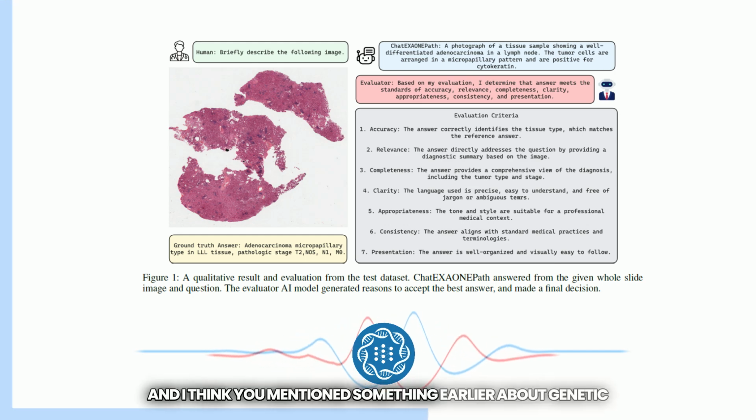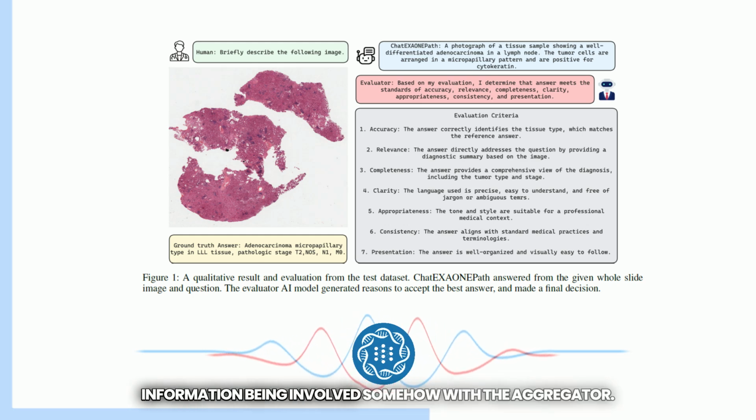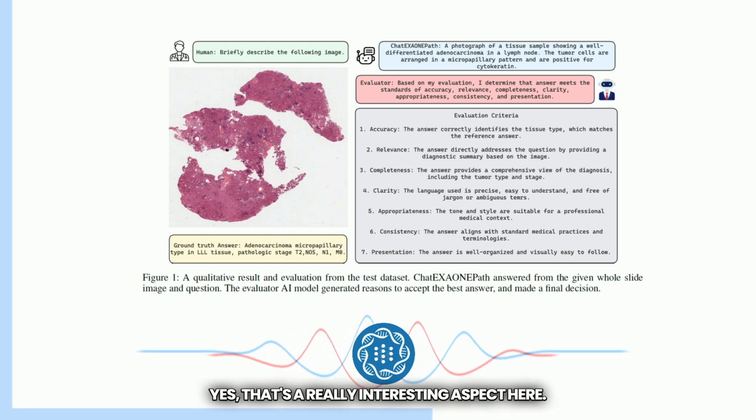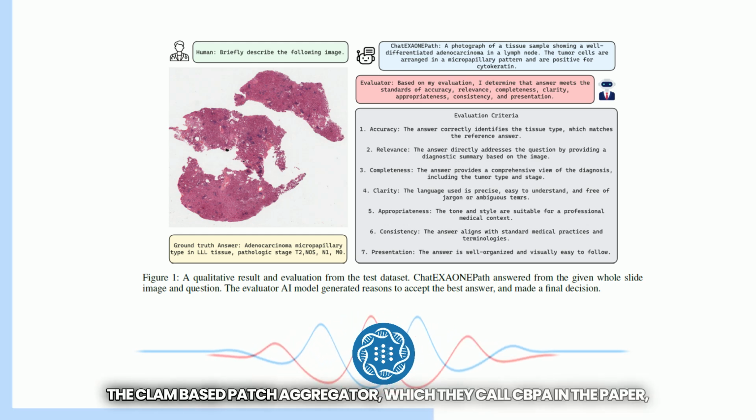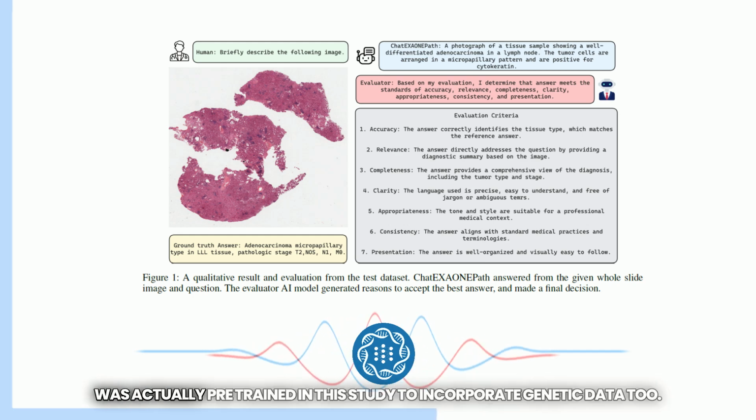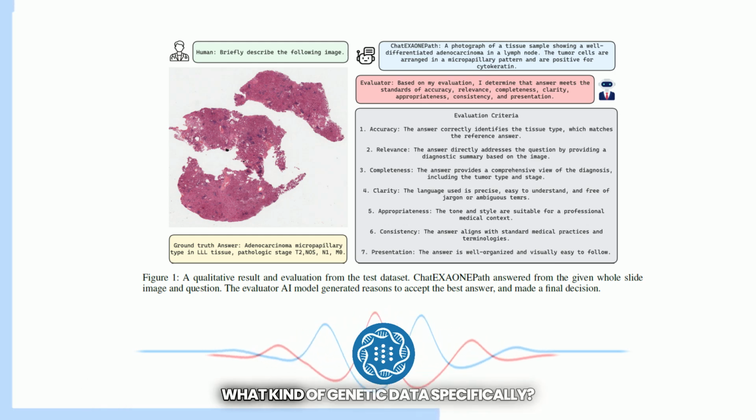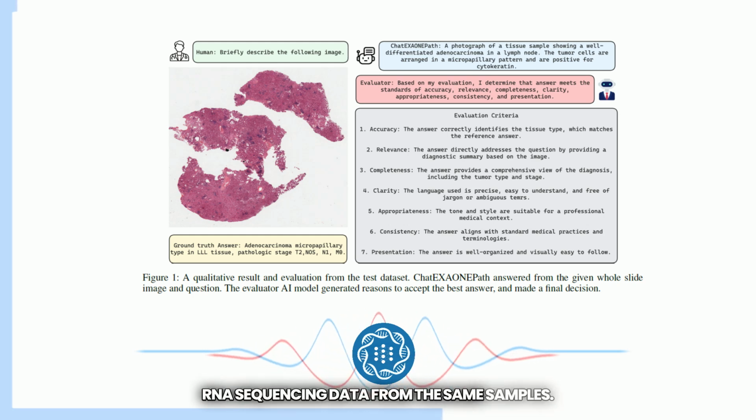And I think you mentioned something earlier about genetic information being involved somehow with the aggregator. Yes, that's a really interesting aspect here. The CLAM-based patch aggregator, which they call CBPA in the paper, was actually pre-trained in this study to incorporate genetic data too. What kind of genetic data? Specifically RNA sequencing data from the same samples.